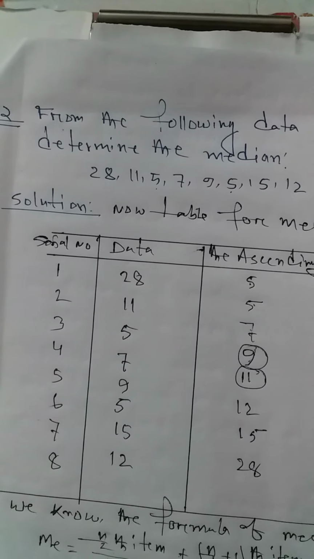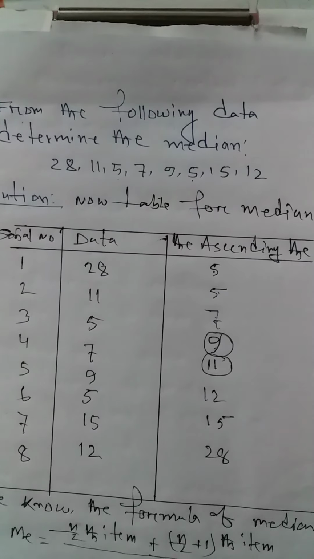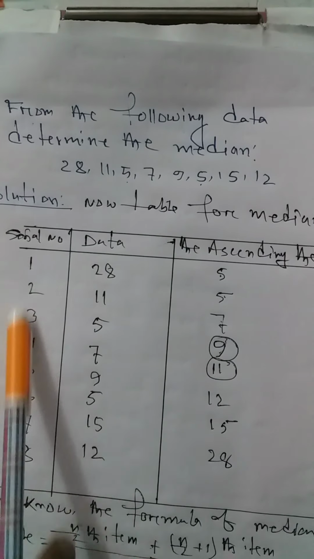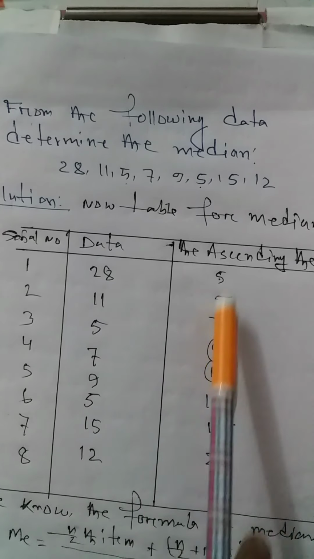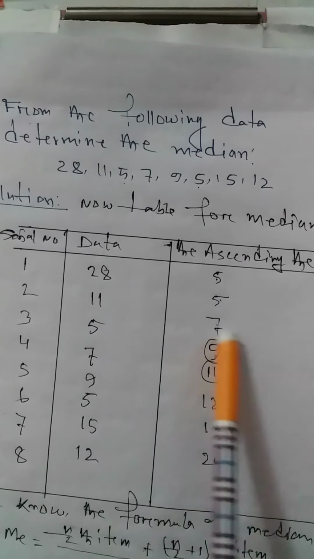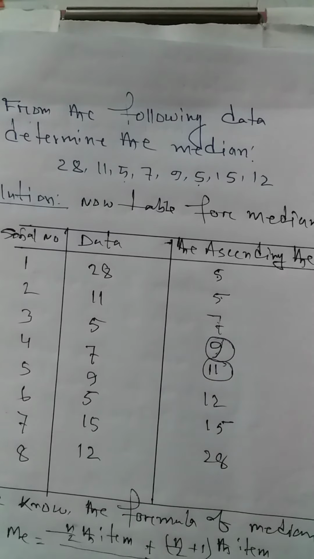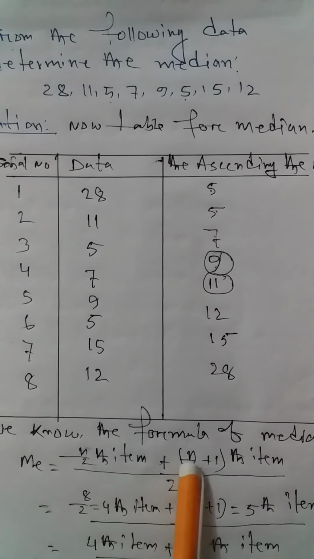Now revise the class on simple data with an even number of given data. At first, the column names are serial number, given data or actual data, and ascending order result. The given data is 8 items, that is an even number. For the even number, we know the formula of the median: n by 2 th item plus n by 2 plus 1 th item, divided by 2.